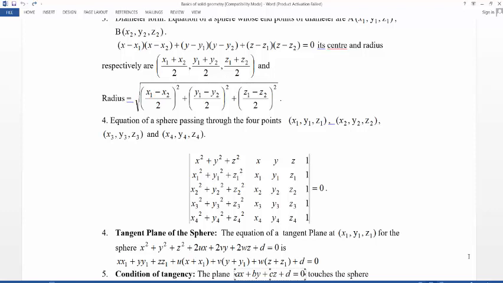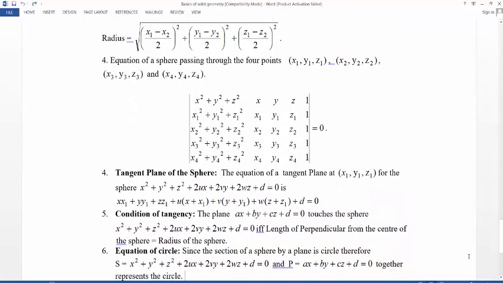If it is 0 and we solve this equation, in the first row there is involvement of x, y, z, so we will get the equation in the form of x, y, z and a constant, and that is nothing but the equation of the sphere. Okay, up to now this discussion is enough.